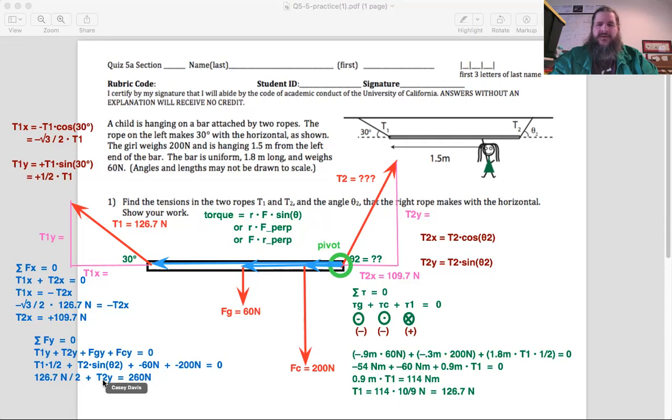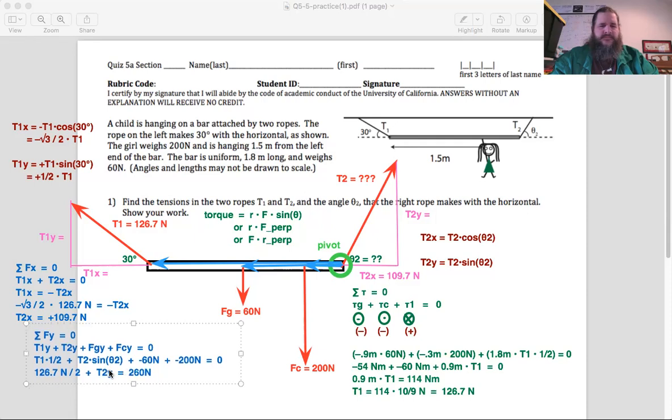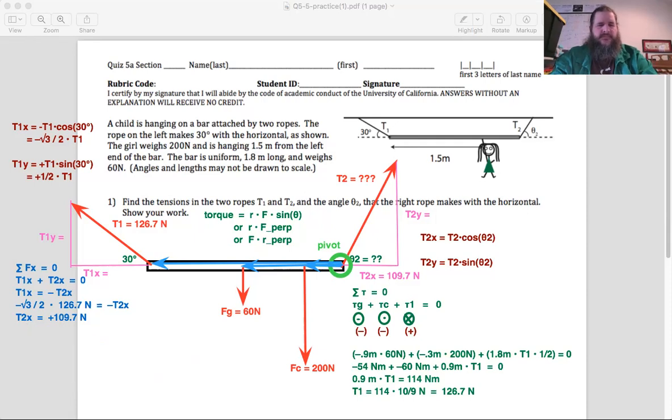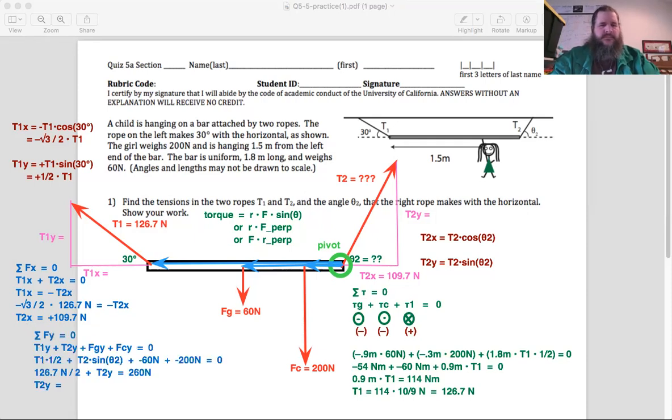How would you isolate T2y there? You would just subtract the. Yeah. Subtract that 126.7 over 2. And what do you get there? A little less than 200, I think.